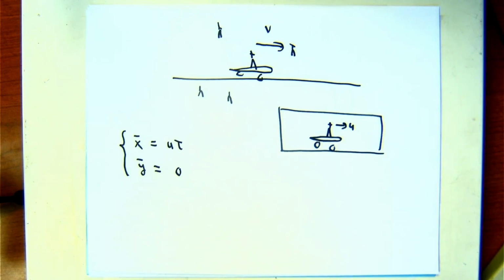Assuming that he throws it at t equals 0 at the origin, x bar will be u times t, and assuming that we're far away from any sources of electromagnetism or gravity, I'll suppose that the y-coordinate starts off 0 and stays that way in both the unbarred and the barred systems.